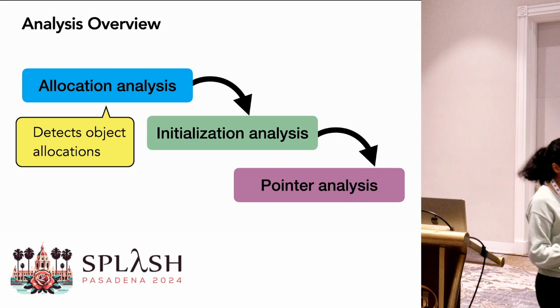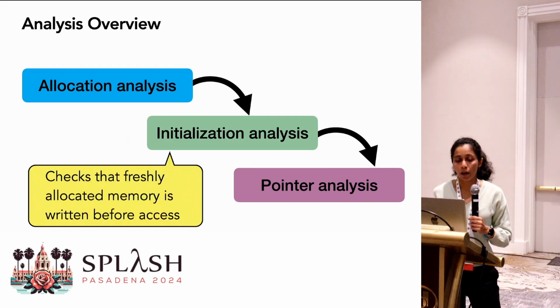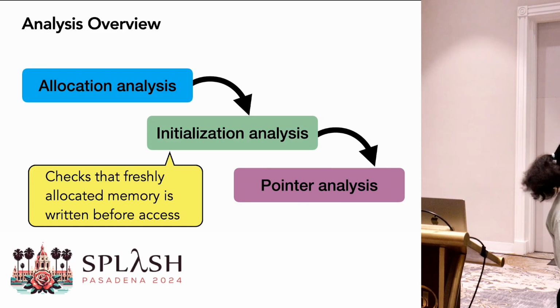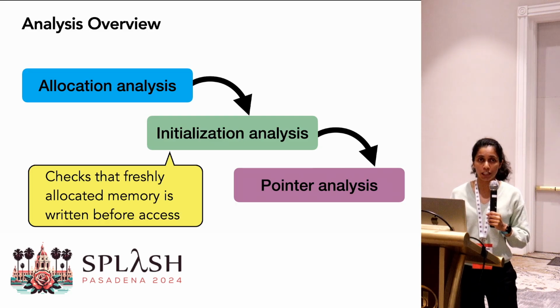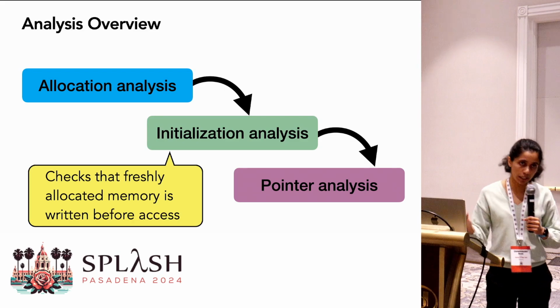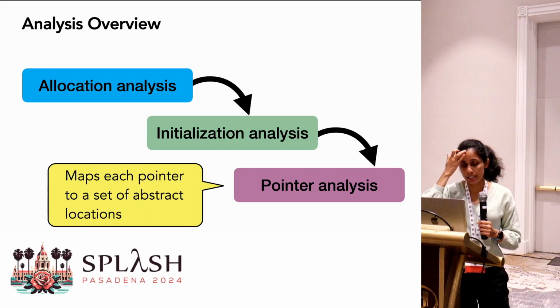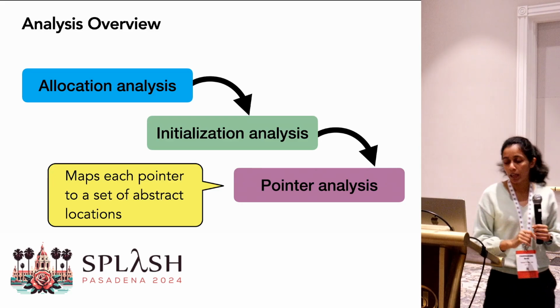What this does is it tries to figure out where allocation is happening, so it detects where objects are allocated. The results of that are sent into an initialization analysis. This analysis checks that any object that has just been allocated is actually initialized before it's read from. And then finally, we have a pointer analysis. It essentially maps pointers to sets of abstract locations.